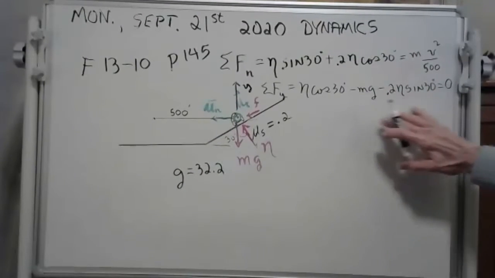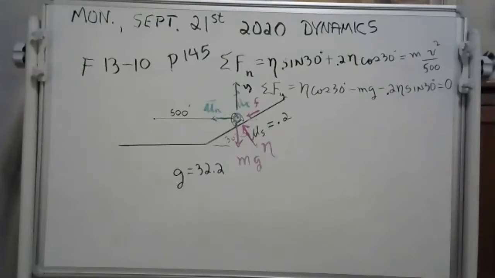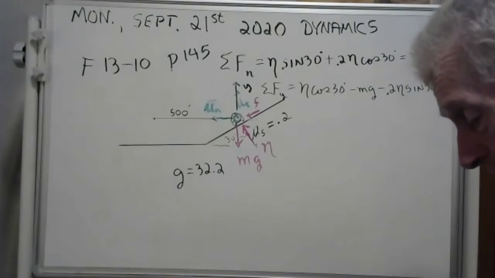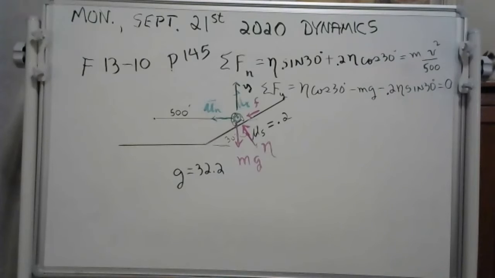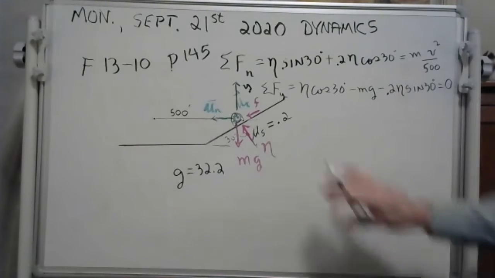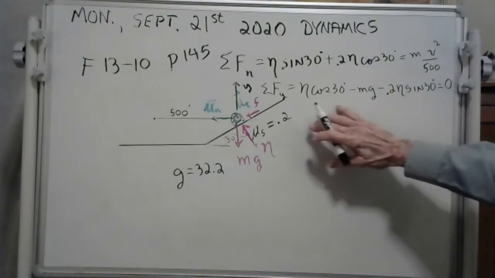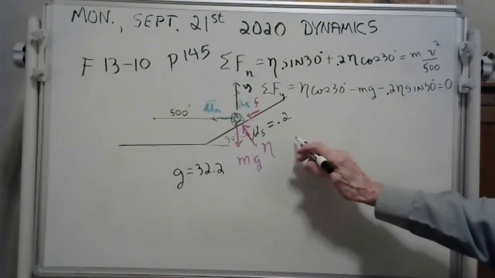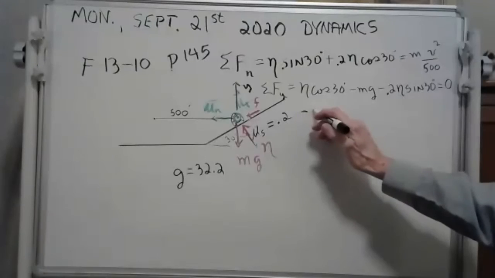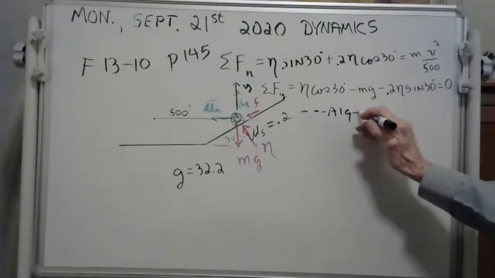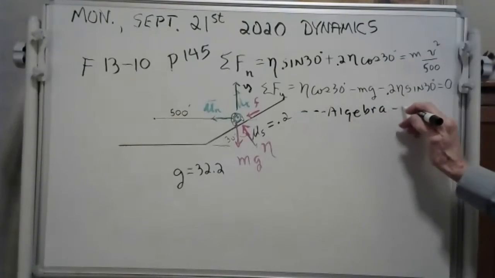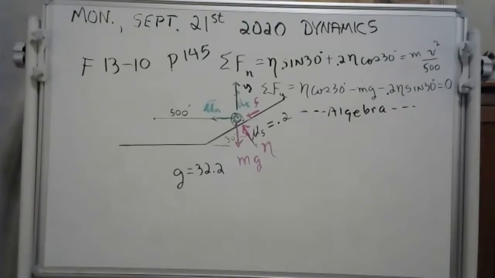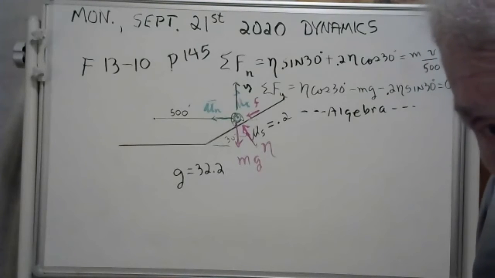Why don't we play with this equation and just do some algebra on it. It's algebra time. It looks hopeless because we have 2 equations and 3 unknowns, but we'll just kind of play with it and see what happens.